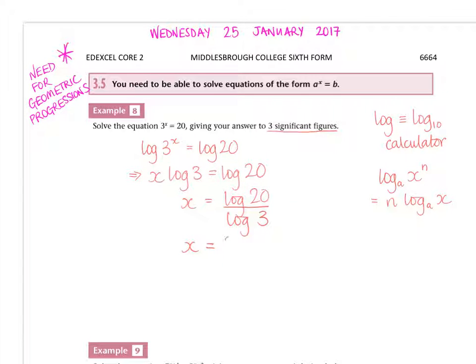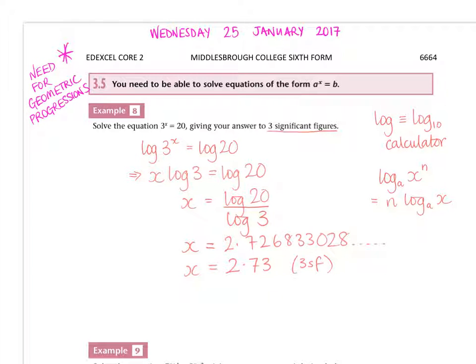So full display is 2.726833028 and so on. And if we want our answer to 3 significant figures, it's going to be 2.73. I advise you to pop that in a bracket afterwards, so when you're coming back to check your answers, you know what accuracy. It saves you reading the whole question again.